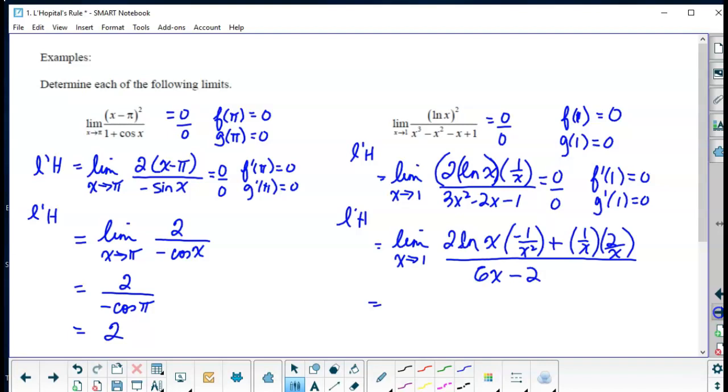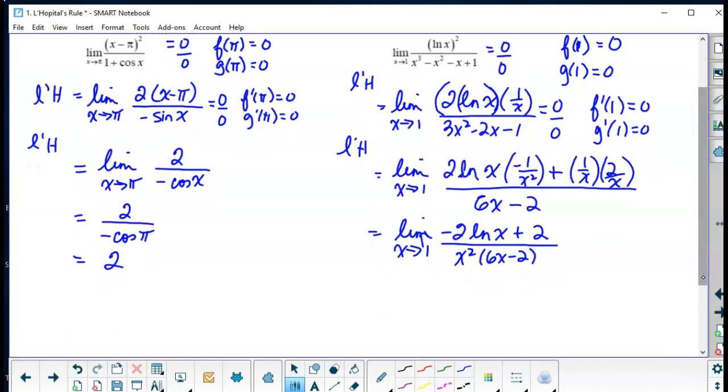All right, so now notice how I have the denominator of x squared. So really, that's a little bit weird. So this I can show as negative 2 ln x plus 2 over x squared times 6x minus 2, which I could factor.